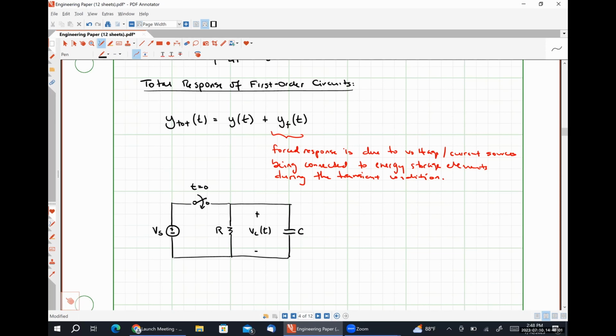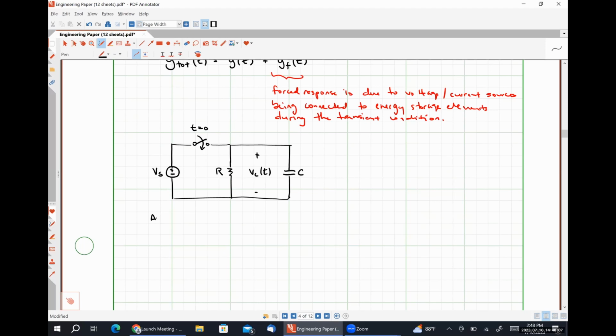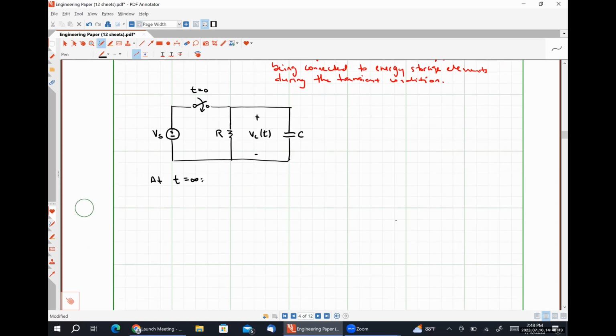So if we looked at this circuit at t is equal to infinity, this circuit would look like this. Here's our voltage source Vs. Our switch is now closed.